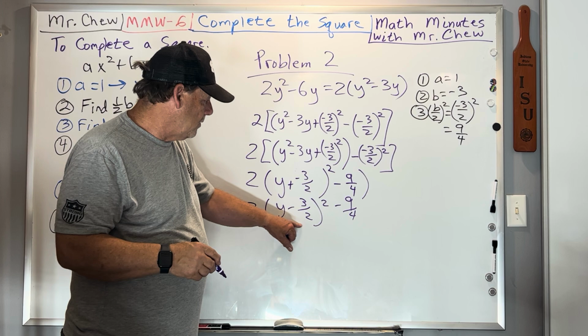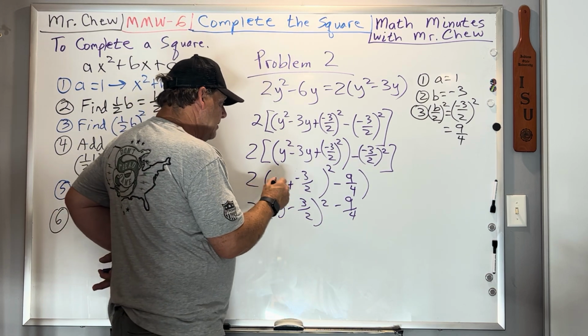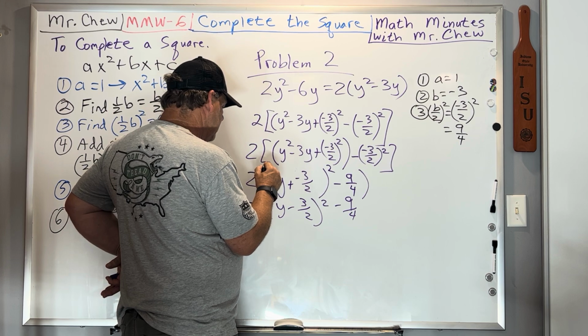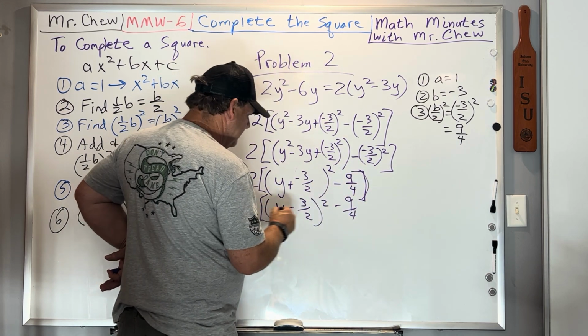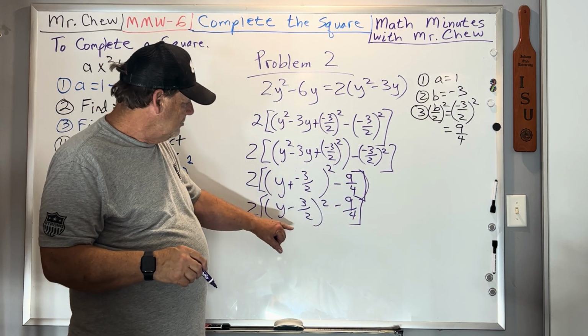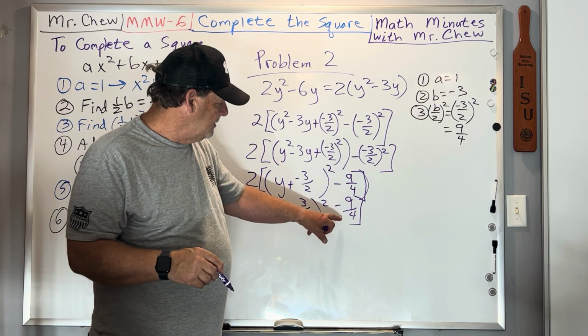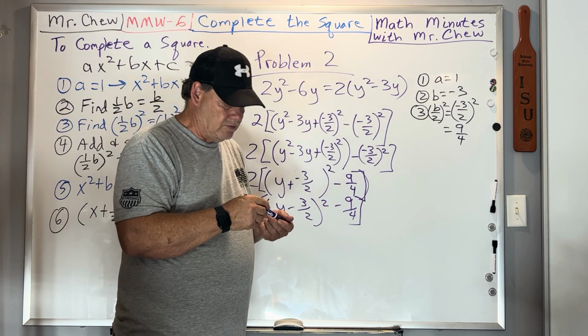There's your completed square right there. We can't forget about multiplying by this 2 here. So we got this bracket here. And when you check that, square that out, then subtract it and multiply it by 2, you're going to end up getting this. Try it on your own.